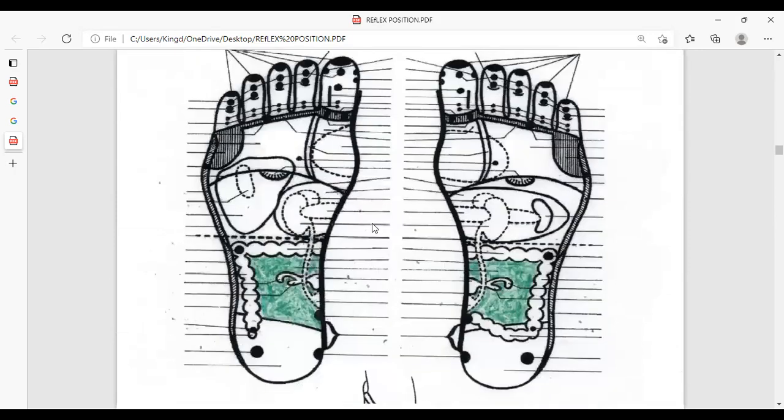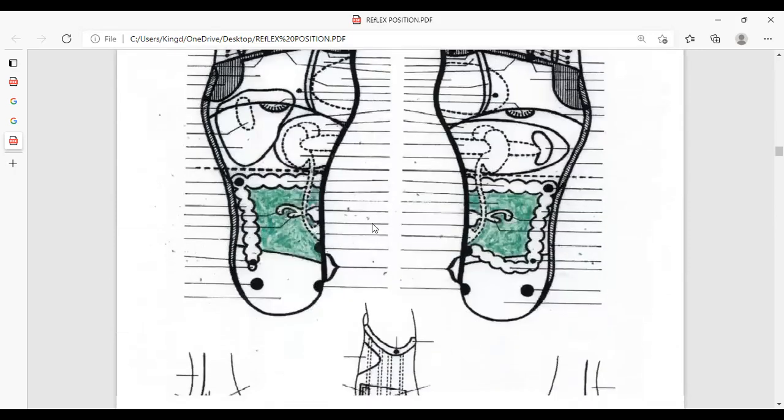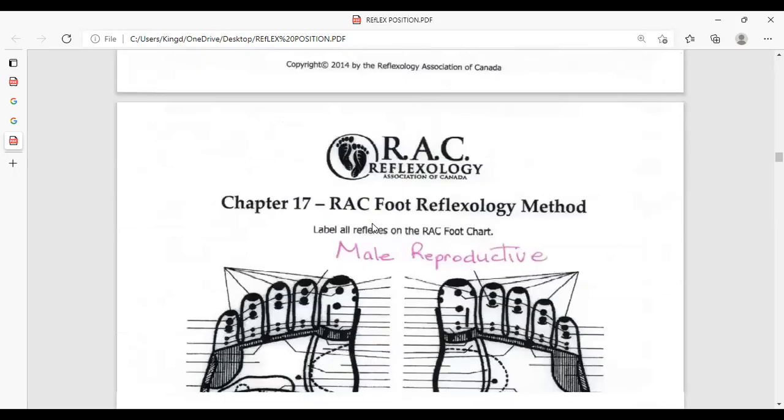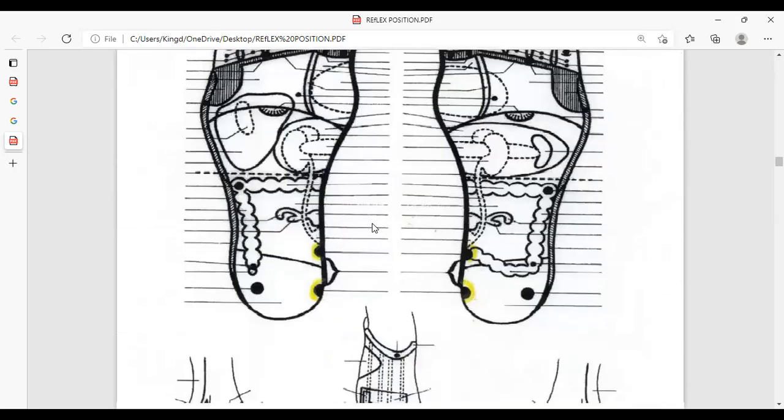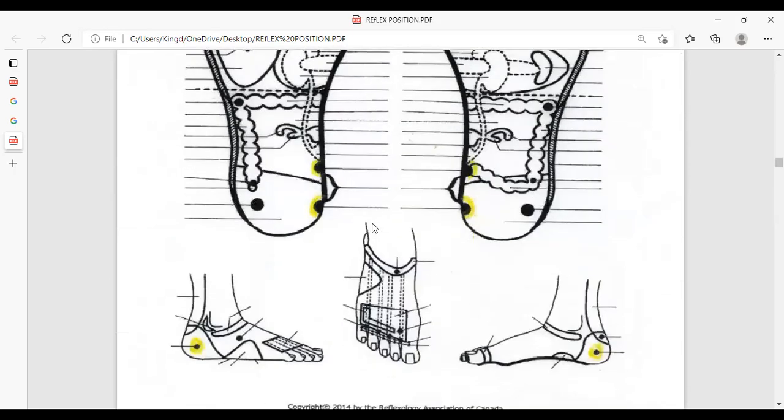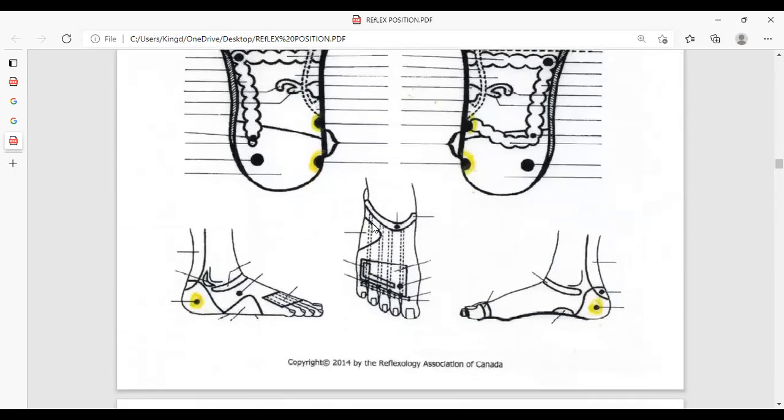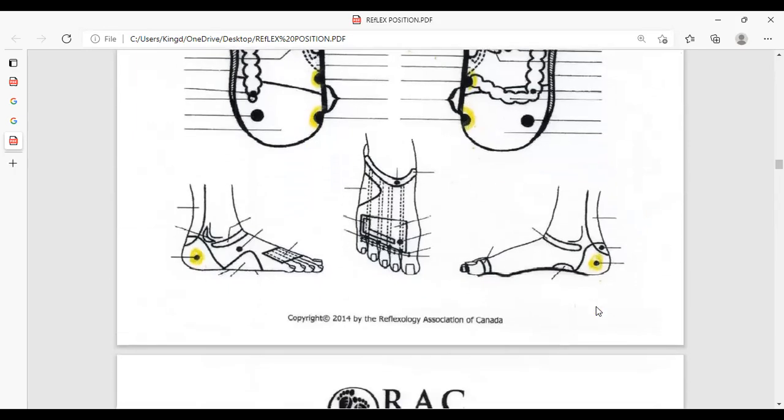We have the intestines. We have parts of the male reproductive system, testes, the prostate, on the inner side, and it is telling you they are related referral areas also in these points.